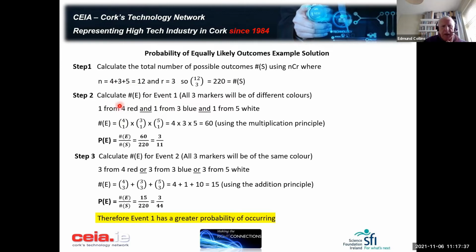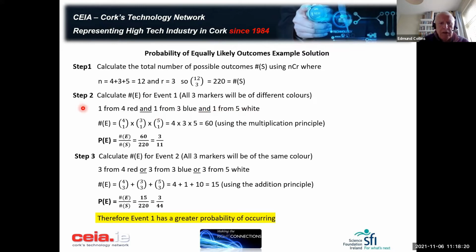The second step then is to calculate the probability of event 1, where all 3 markers will be of different colors. If they're going to be different colors, it means that we're going to have to get one marker from the 4 red, and very important here, the and, one marker from the 3 blue, and one marker from the 5 white.